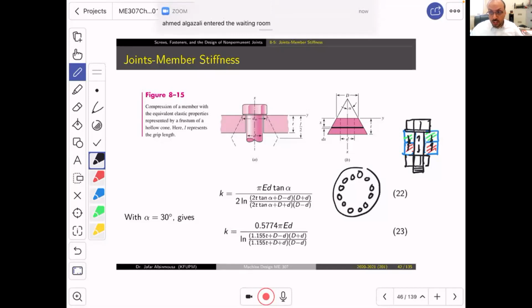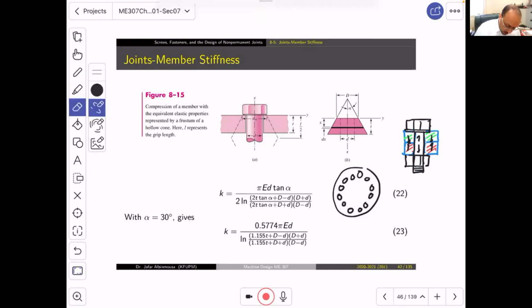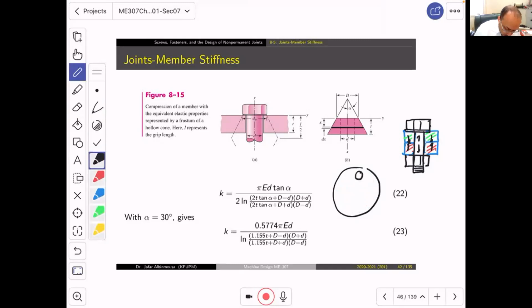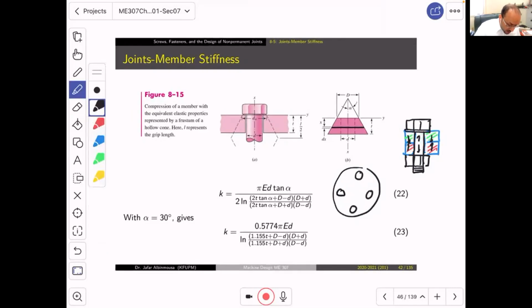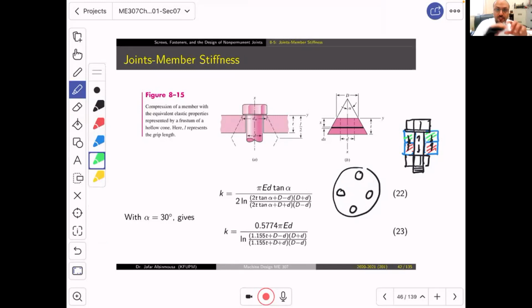If we imagine one bolt here, one bolt here, one bolt here, one bolt here, I want you to think that there is a compression field, a pressure field, generated around each bolt.